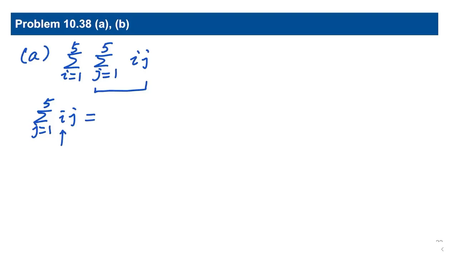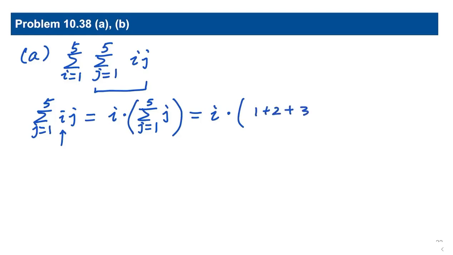For different j, i is just a constant. Take i out. So this is i times the sum over j from 1 to 5, which is 1 plus 2 plus 3 plus 4 plus 5, which is 15. So this is just 15i.